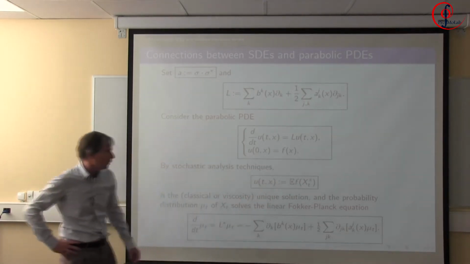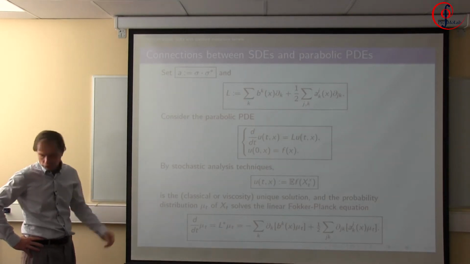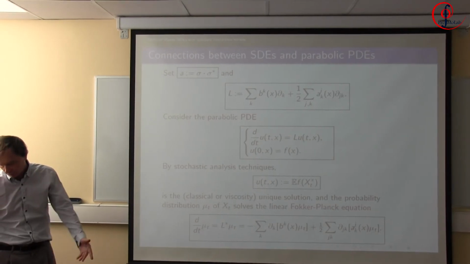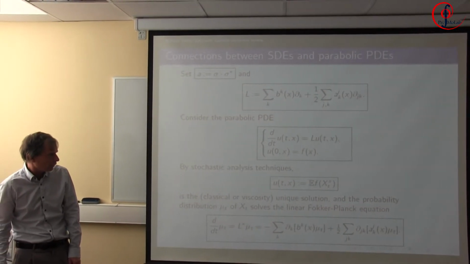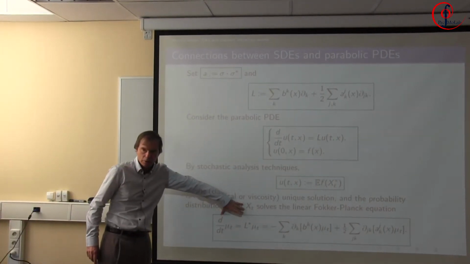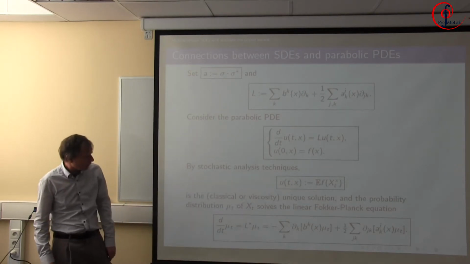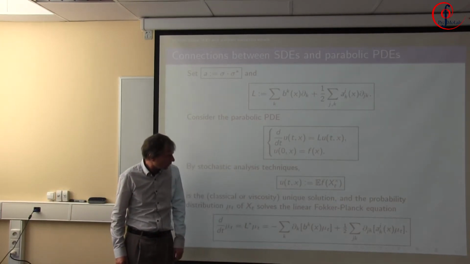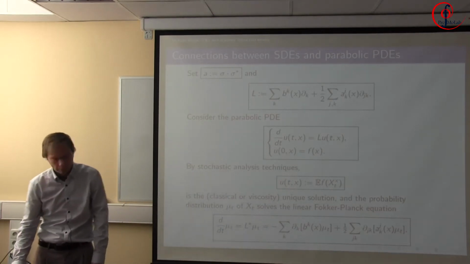And it appears to be extremely useful, for example, when the dimension of the PDE is very large. Then the stochastic methods may compete and even be much more efficient than deterministic numerical methods. Or if you look at this equation, and that's the main thing to remember for the next slides, the empirical measure of your samples of capital X will be an approximation of the measure mu, solution to the Fokker-Planck equation.